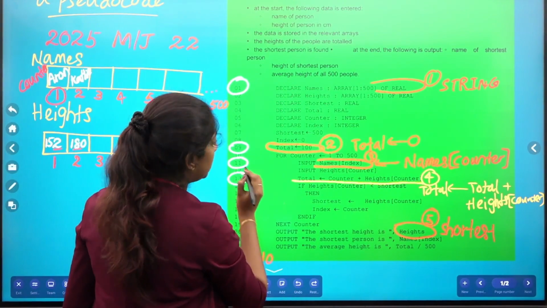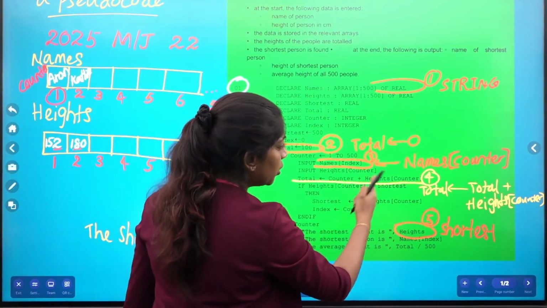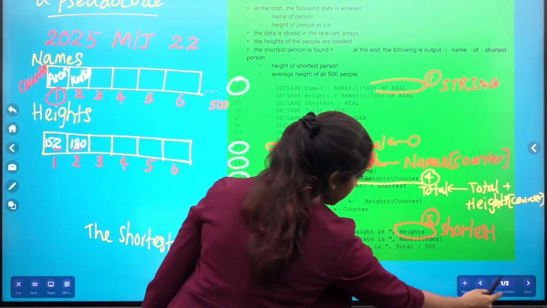Fourth error is here. Line number 13, total equals total plus heights counter.